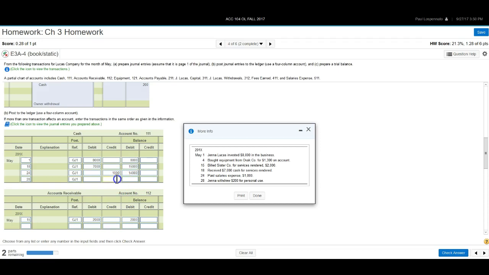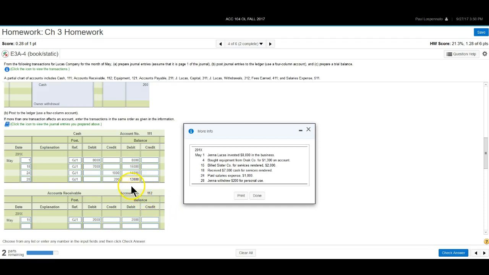That's why it's so good to operate in a completely automated system, where as soon as I record the journal entry, it goes right to the ledger and calculates the new balance. So there's the $200 entry that goes in there, and that credit is going to bring it down to $13,800.